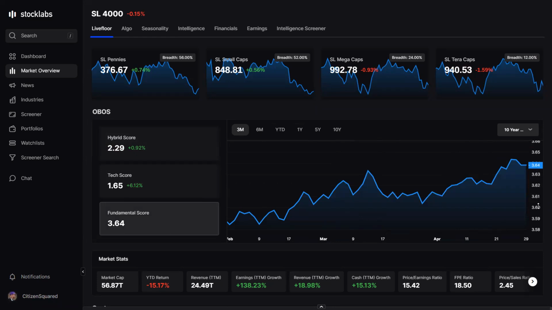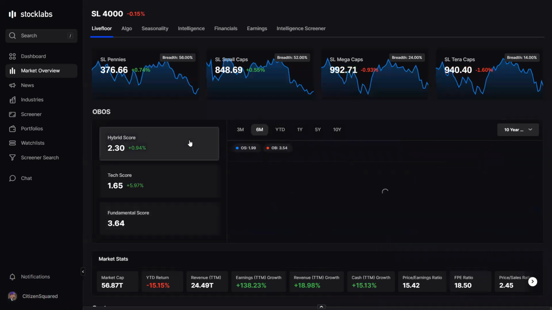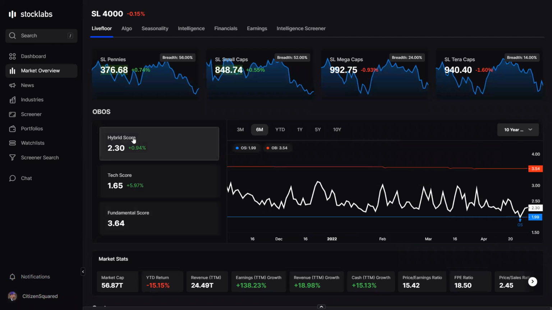You can see it's holding this 3.6 range for a while. But I tend to rely on hybrid score more than anything, because I like having some sort of fundamental backdrop involved in the decision making.